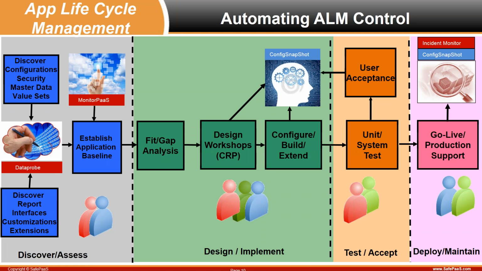So typically we start with some sort of an assessment. If you have ConfigSnapshot already, you can use that to do the assessment of your current environment. If not, we provide a free utility called Data Probe that you can download from our website by registering on safepass.com or just simply sending us an email. What that'll do is capture your current settings.